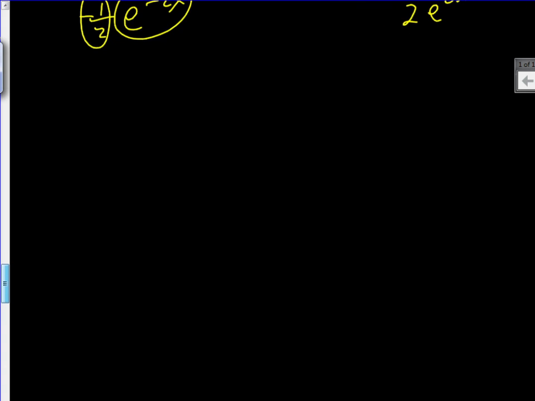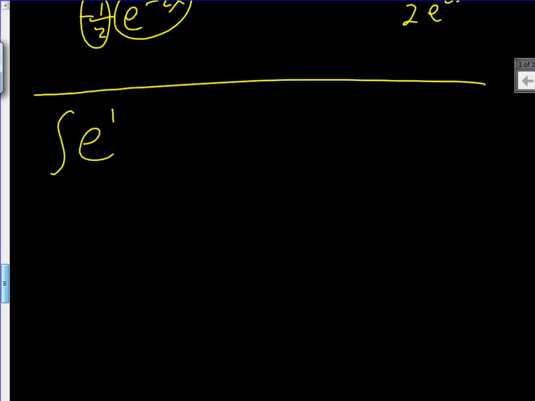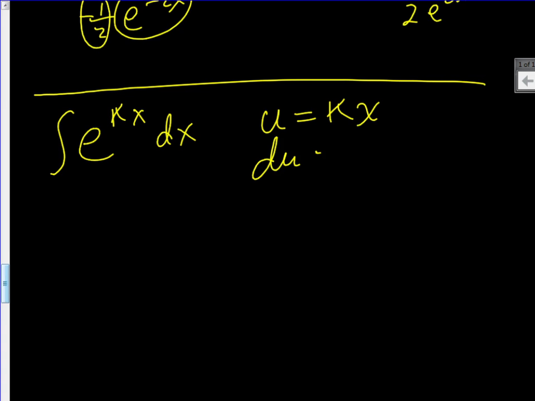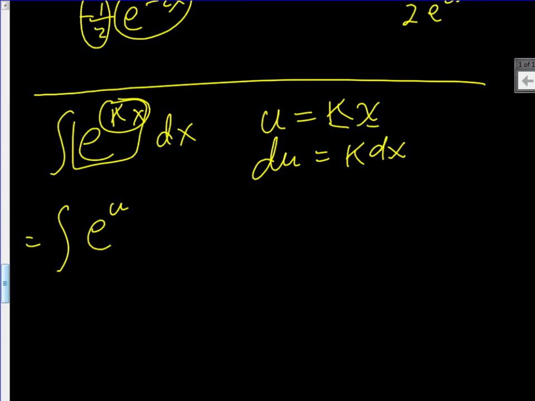Multiplying by negative 1/2 is the same as dividing by negative 2. That is, there's a formula. It's a simple formula to derive. If you have e to the kx dx, let u equal kx. The derivative of a constant times x is a constant, so the differential will be du equals k dx. Well, this here is u, so this part is e to the u.